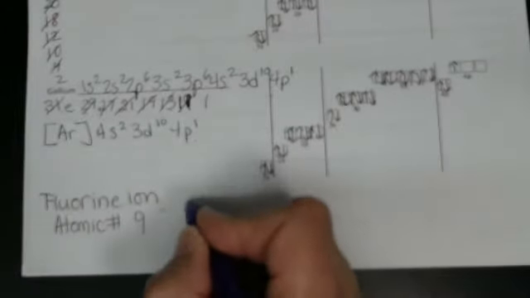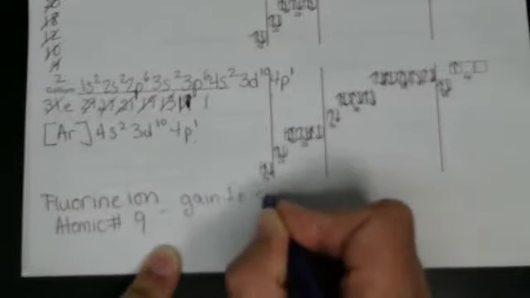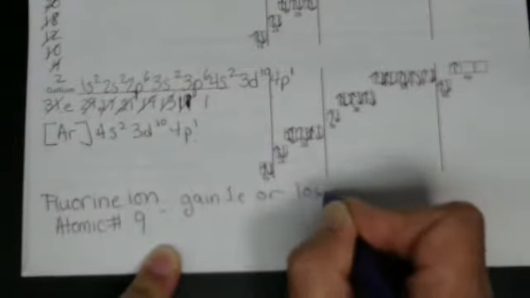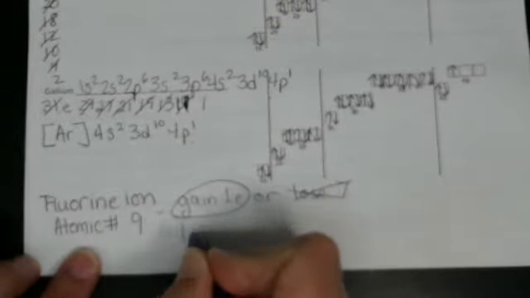Does it want to gain 1 electron or lose 7? Which one's easier? Well, gaining the 1 electron. So in a fluorine ion, instead of having 9 electrons, we're going to say it has 10 electrons. Any of your negative ions gain electrons.